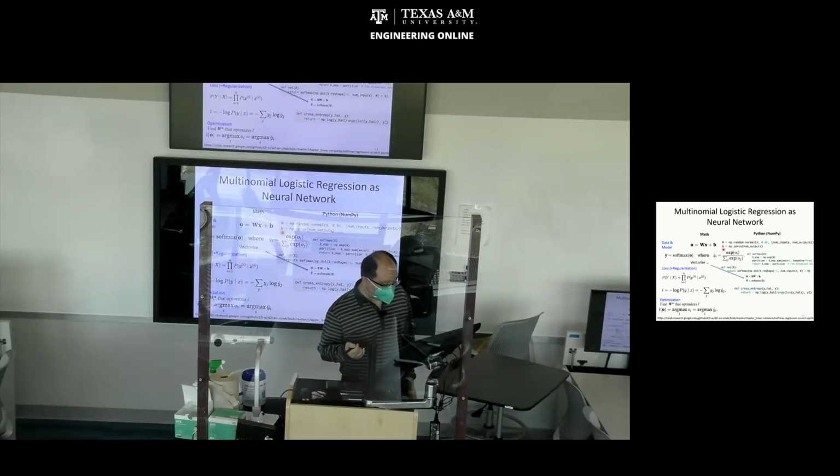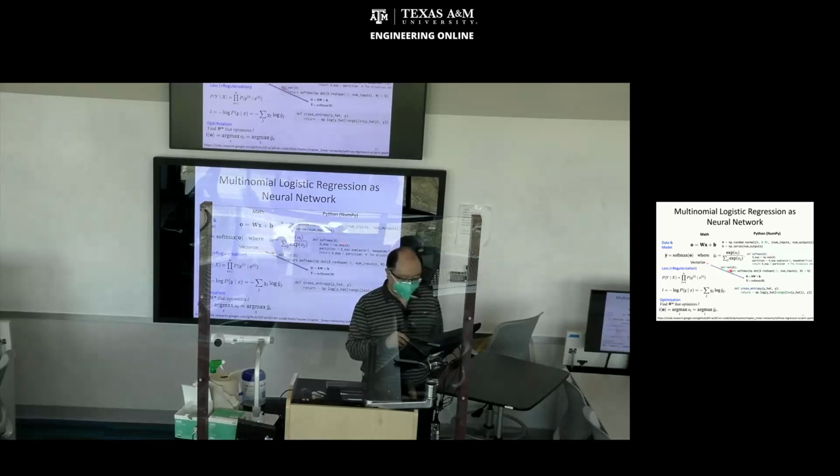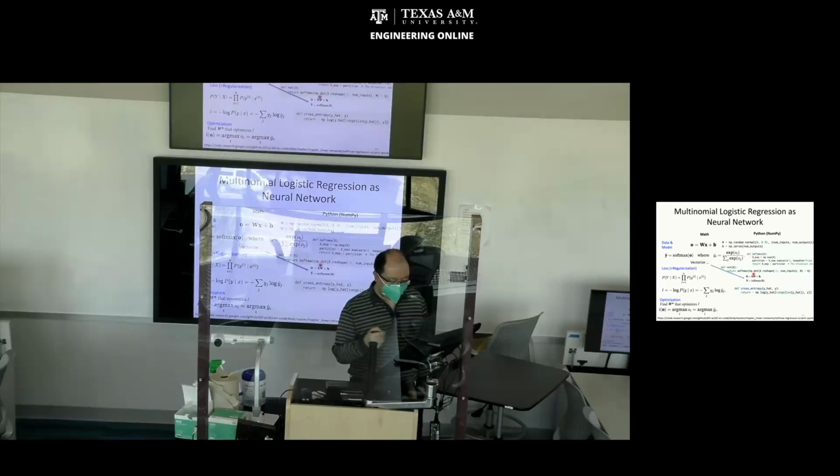And let's look at the softmax, for instance. In this case, again, I want to show you that you want to vectorize your math expression and make sure that your implementation or coding is scalable, right?